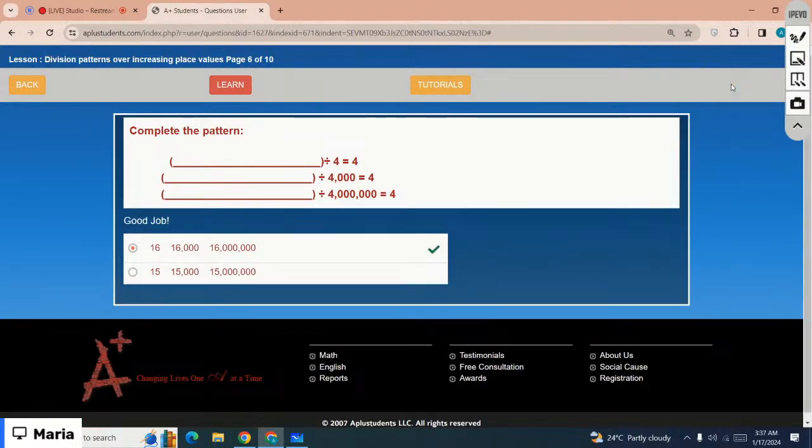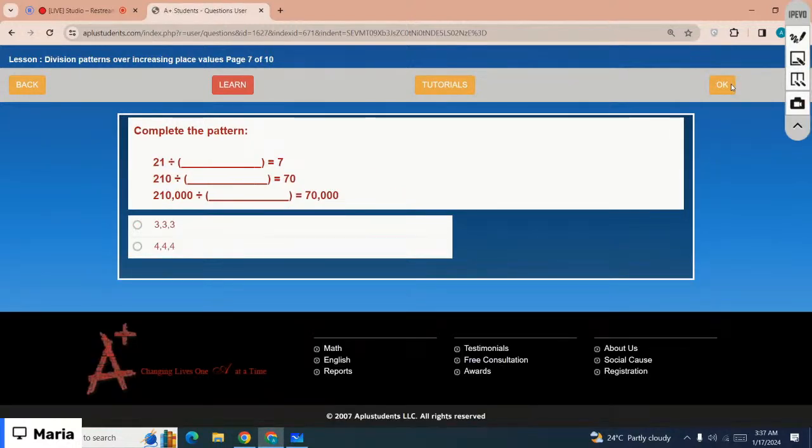Option 1 is the correct option. Okay, the next one is 21 divided by what number equals 7? 210 divided by what number equals 70, which is the correct option?